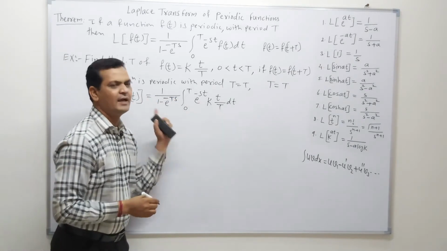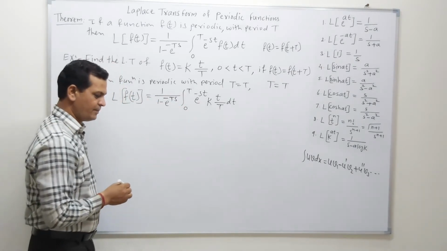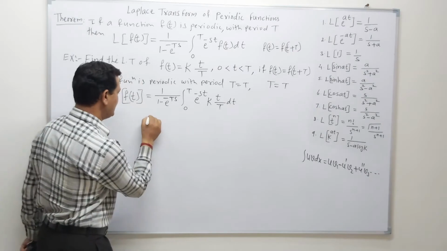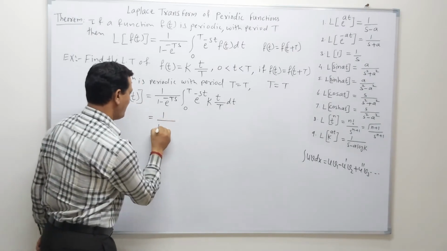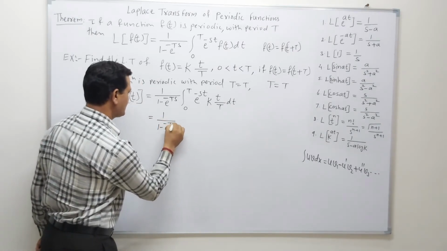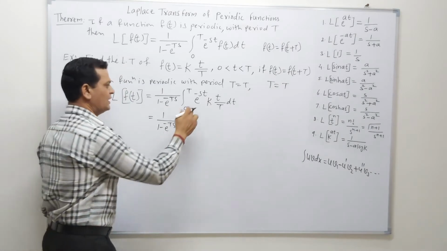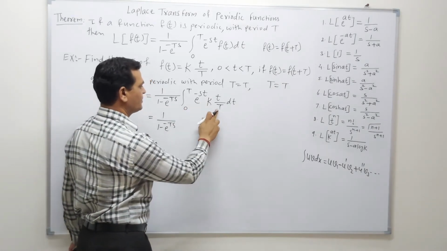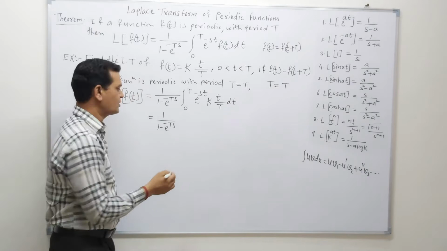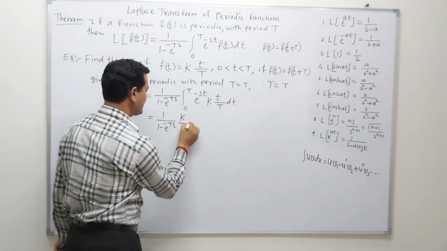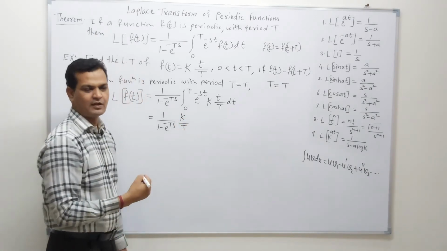Now just find out the integration of this term. So we can write this as 1 upon 1 minus e raised to minus Ts as it is. In this equation, this k is constant, moreover capital T is also constant, so we can write this as k upon T, which are constant.